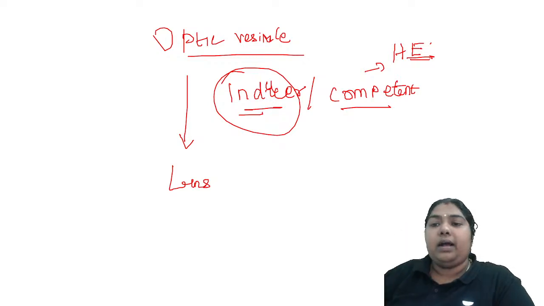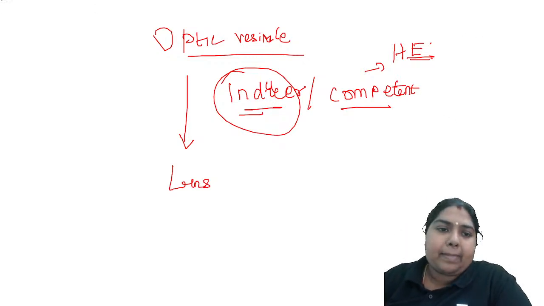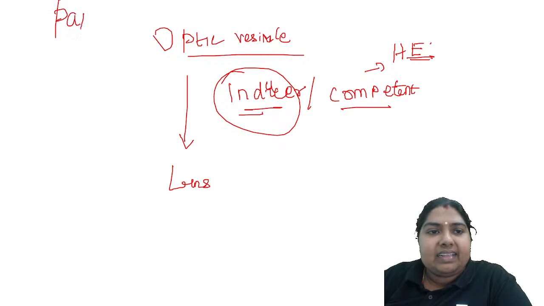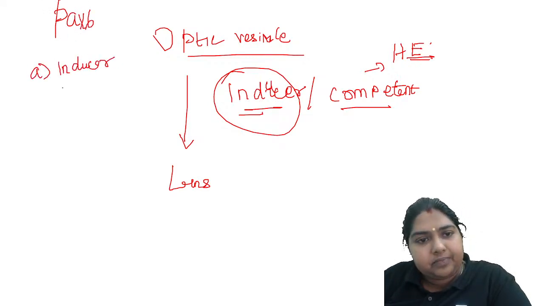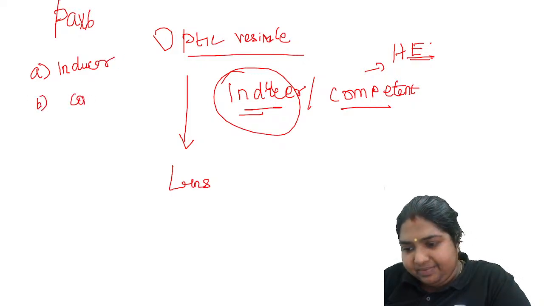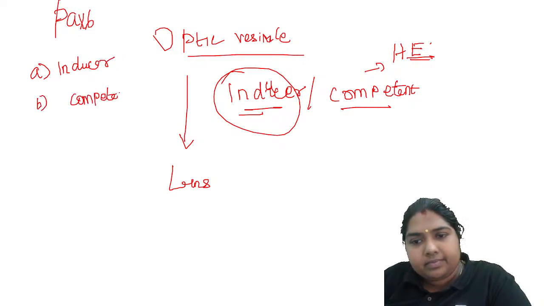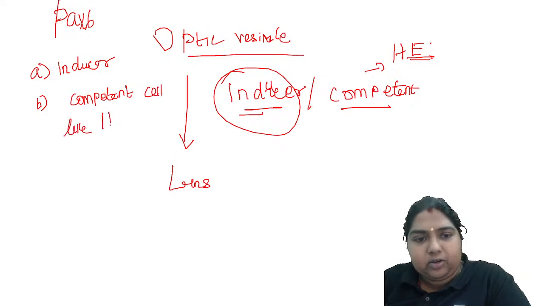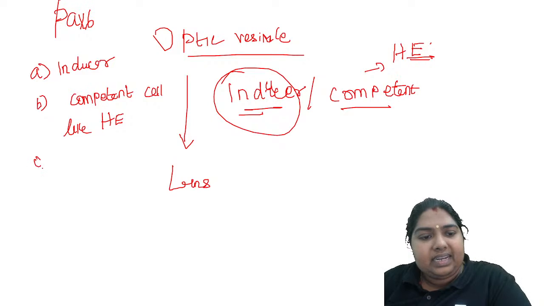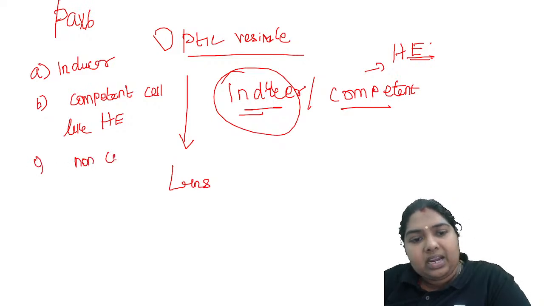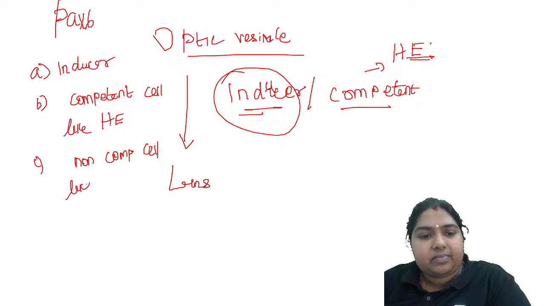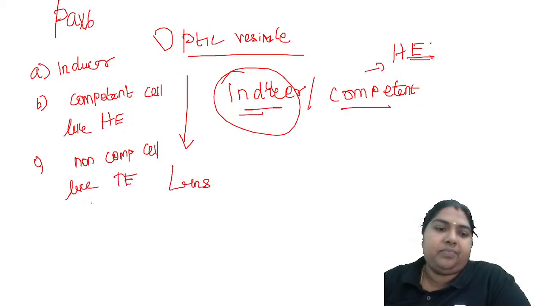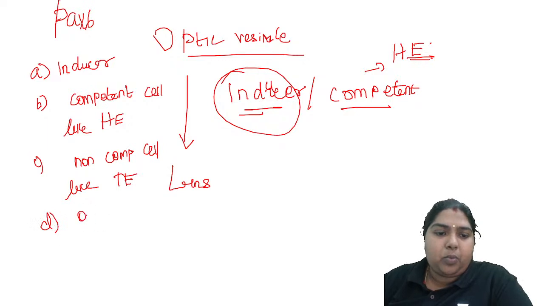So PAX6, is it present in the inducer, in the competent cell like head ectoderm, in a non-competent cell like trunk ectoderm, or none of the above?